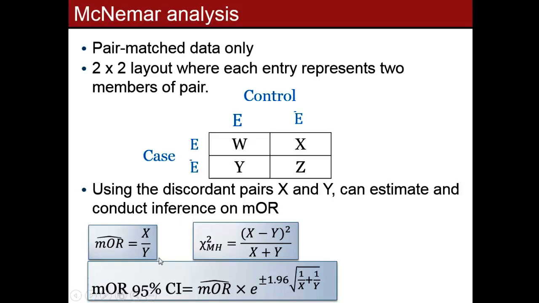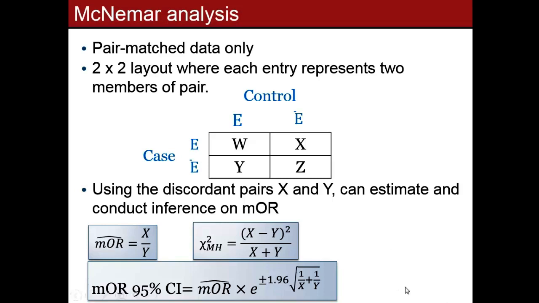And so that X over Y tension is the matched odds ratio over here. And similarly, there's a chi-square statistic, which is (X minus Y) squared over (X plus Y), which gives you the test of whether the odds ratio is equal to 1 or not, that null hypothesis of equals 1, versus the alternative of not equals 1.